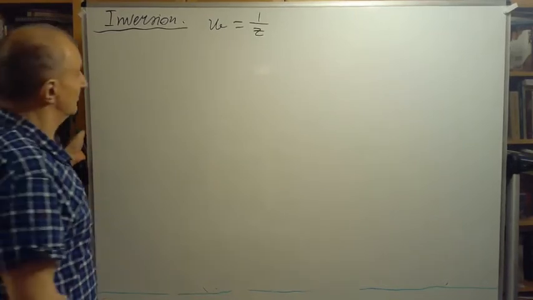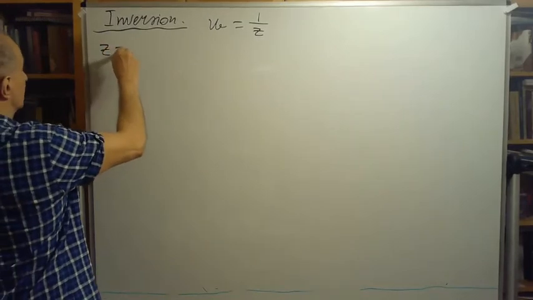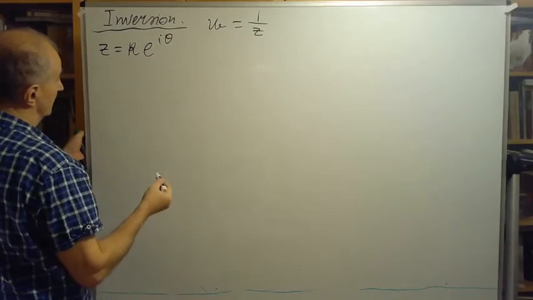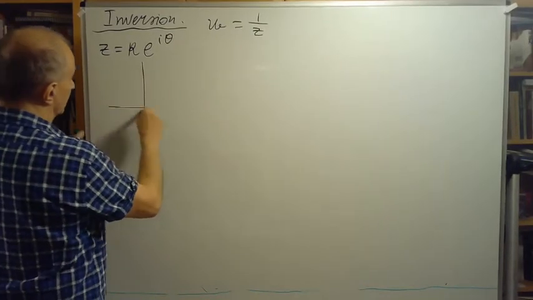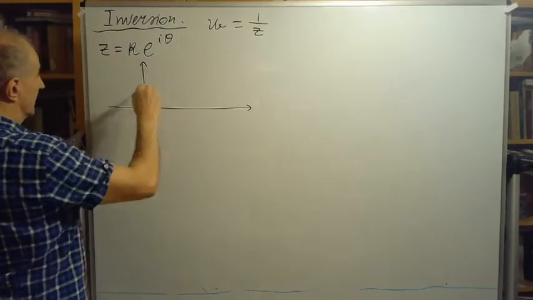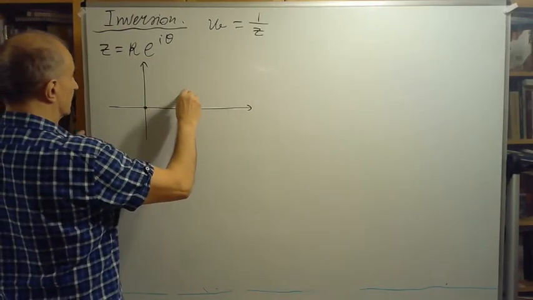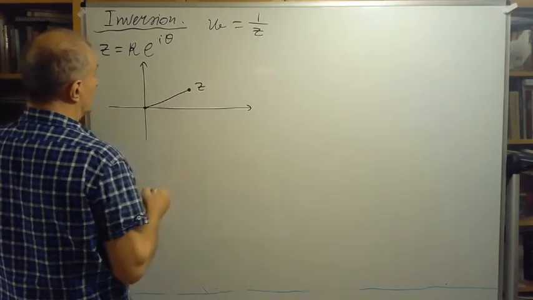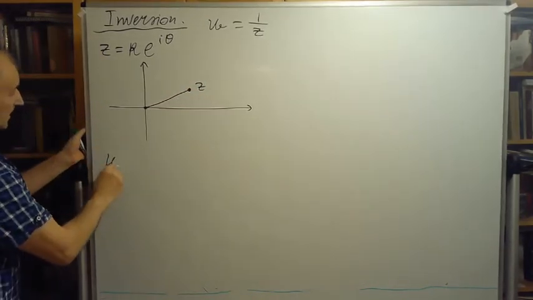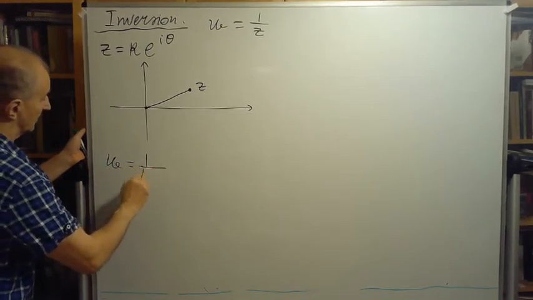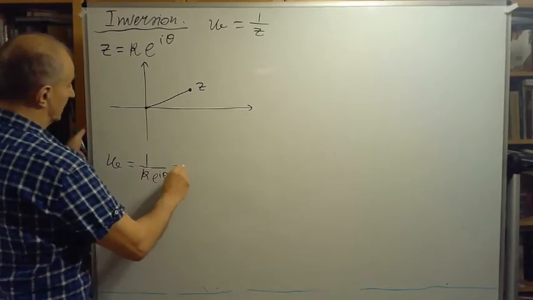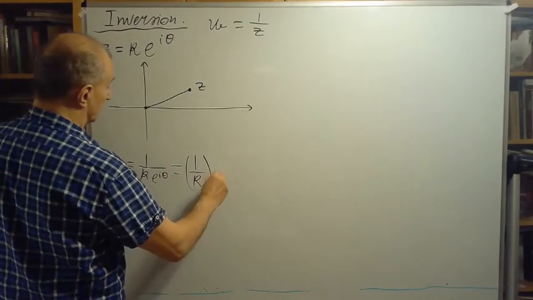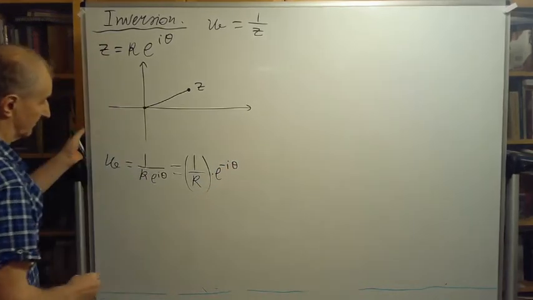If I suppose, for instance, that z equals r e to the power i theta, then as a result of inversion, w will be 1 over r e to the power i theta, or I can write it like this: 1 over r multiplied by e to the power negative i theta.